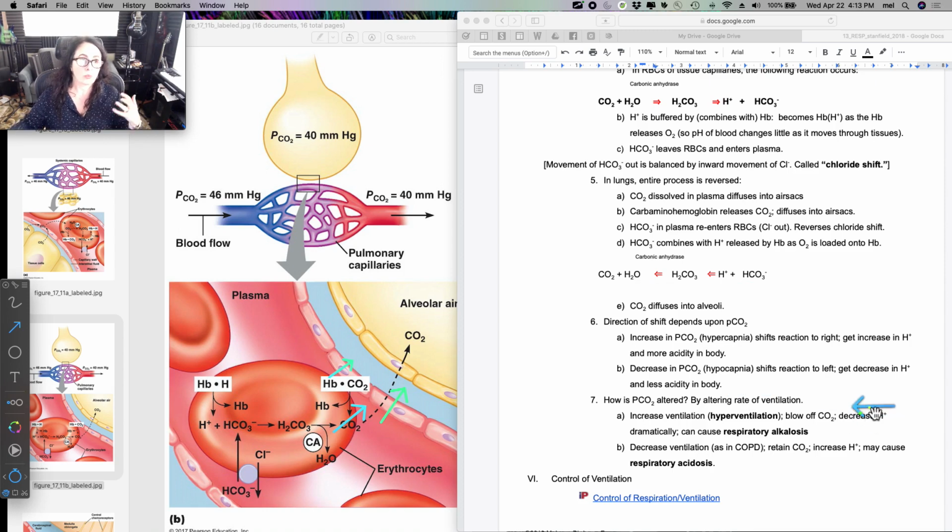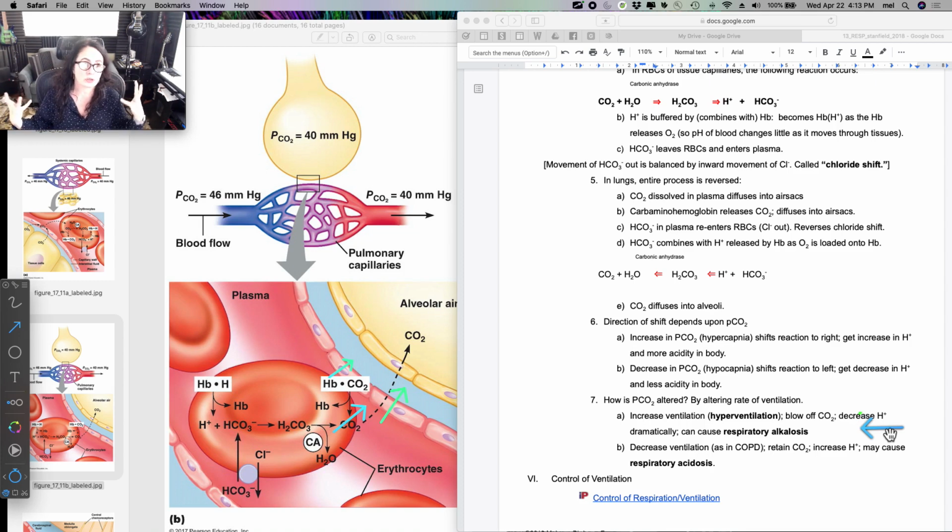So now we come to breathing. So what is the primary way that you can alter PCO2 in the body? The primary way that you can alter PCO2 in the body is by determining your rate of ventilation. So if you increase ventilation, increase breathing, you are going to push off a whole bunch of carbon dioxide, hyperventilation. You blow off too much carbon dioxide.